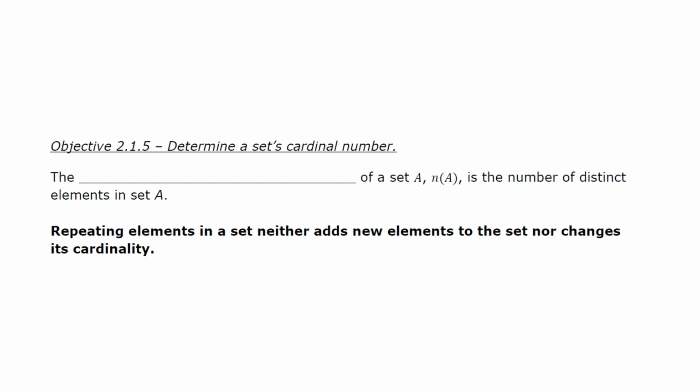Objective number 5, determine a set's cardinal number. Now, the cardinal number of a set A, n of A, written like this, is the number of distinct, this is key, distinct elements in set A. So repeating elements in a set neither adds new elements to the set nor changes its cardinality. What does that mean?